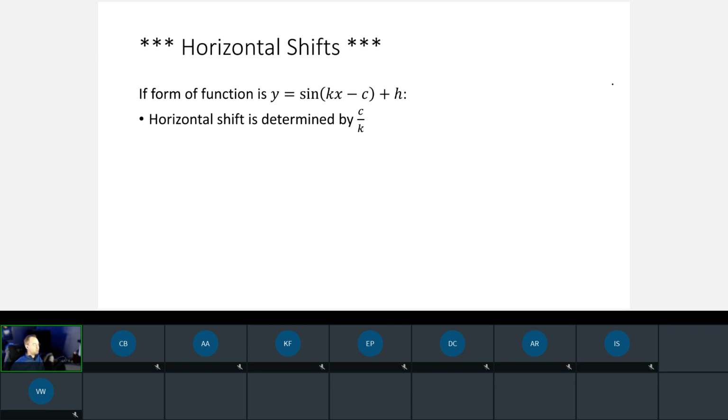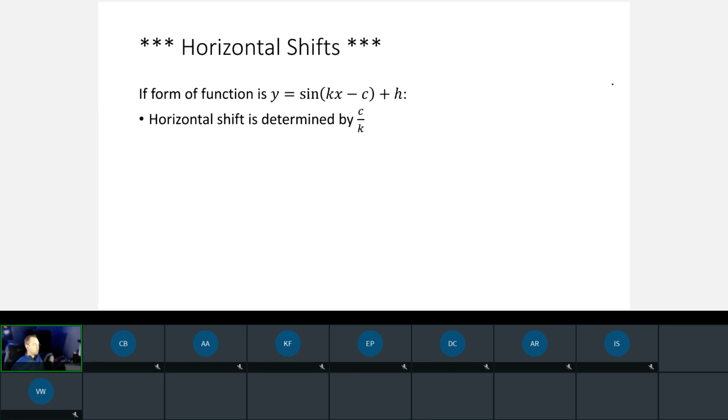You actually have to take whatever number c happens to be and divide it by k. The easy situation is when the number in front of x is just 1, because then dividing by 1 is just itself. But that won't always happen. You're going to have like 2x, like y equals sine of 2x minus 5, for example.